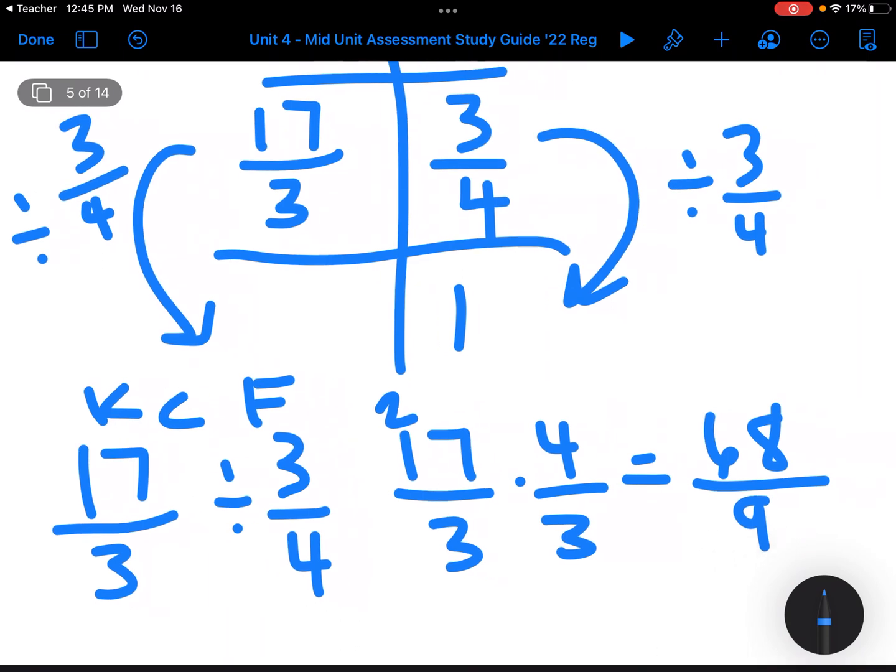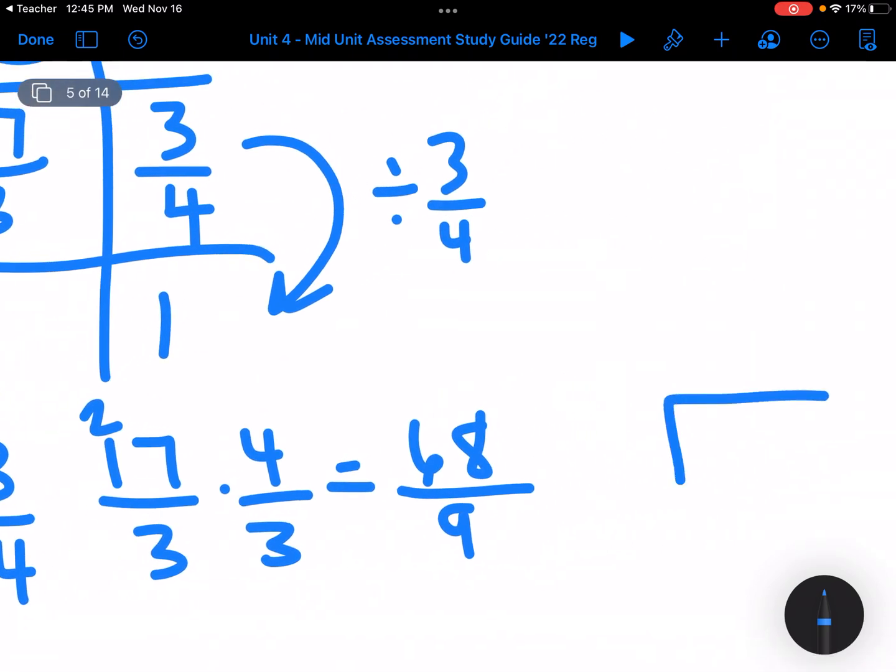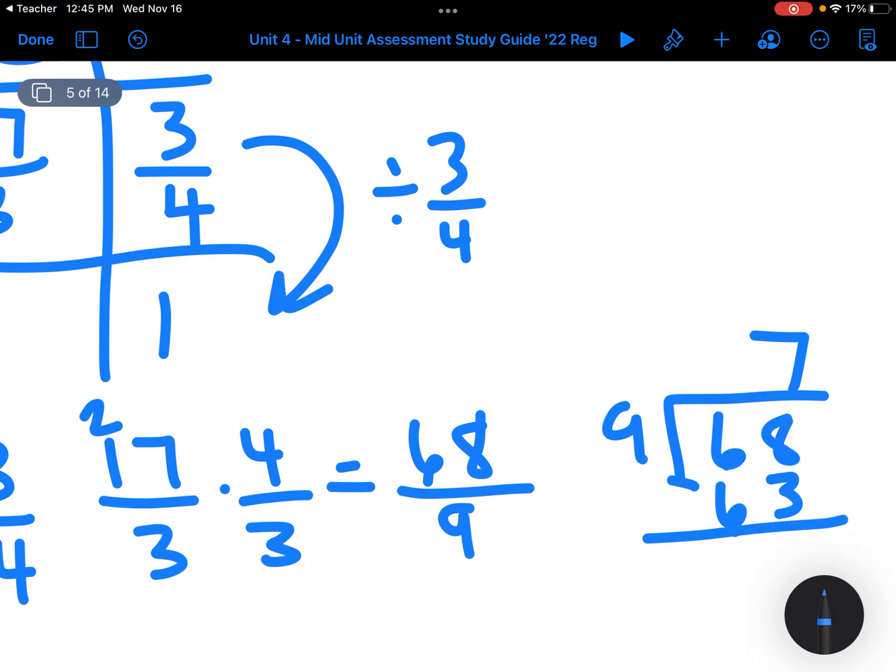So I know I have 68 divided by 9. Well, 9 times 5 is 45, 9 times 6 is 54, 9 times 7 is 63, so that's what it's got to be, with 5/9 left over. But if I had to put it in an open response, that's how I would leave it.